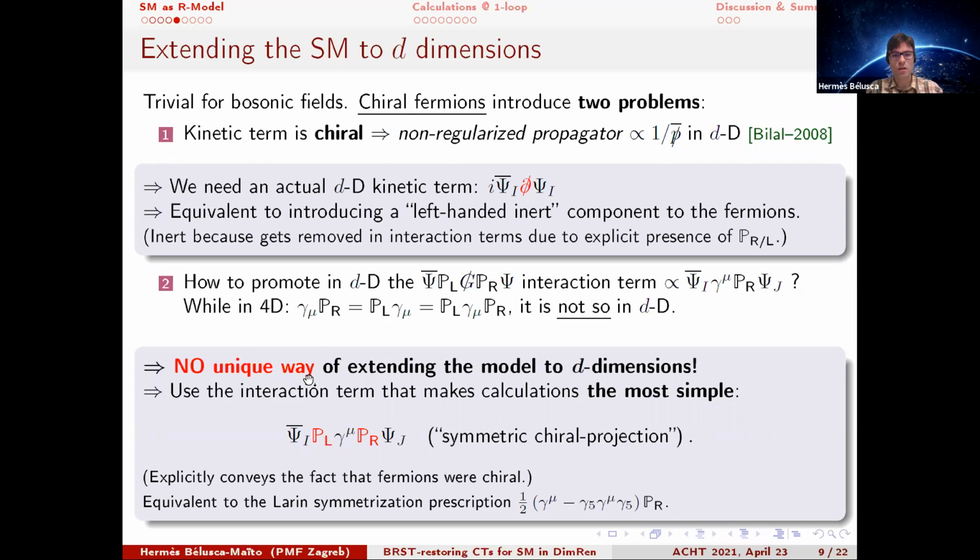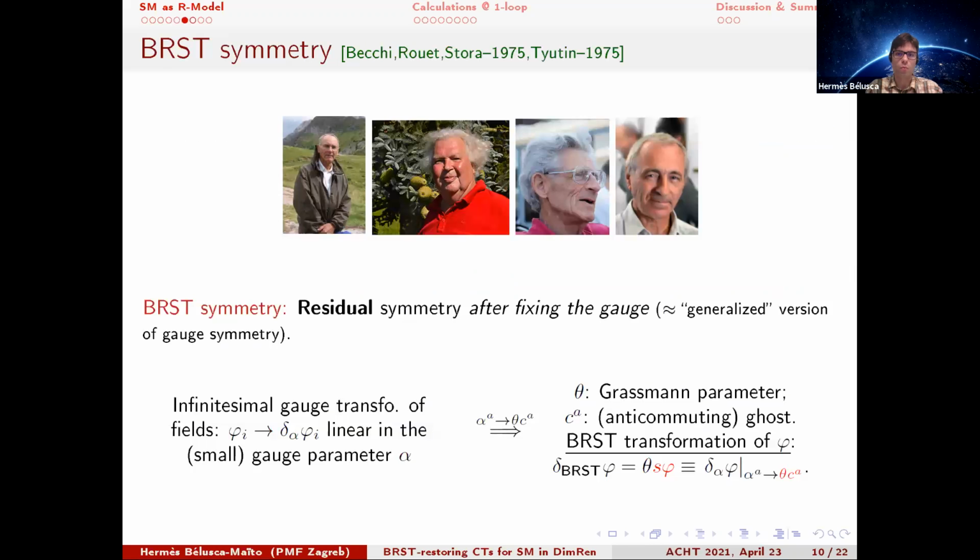And this is actually not the unique way of extending the model to d dimensions. So for the BMHV scheme, there are many BMHV schemes, depending on how you want to extend the model to d dimensions, and each is consistent with itself. But once you have done a given extension, you have to work within this extension.